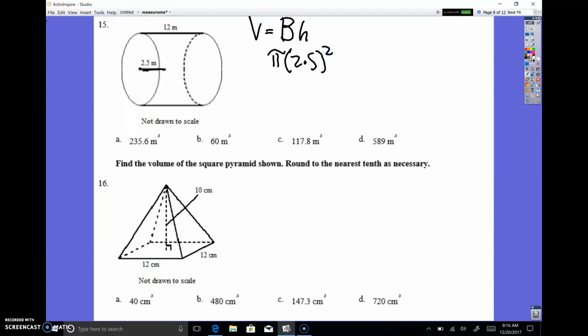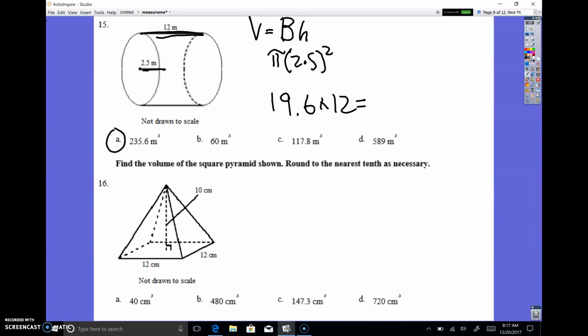Okay, we do that, we get 19.6. Now we have to multiply by the height. So we get 35.6.